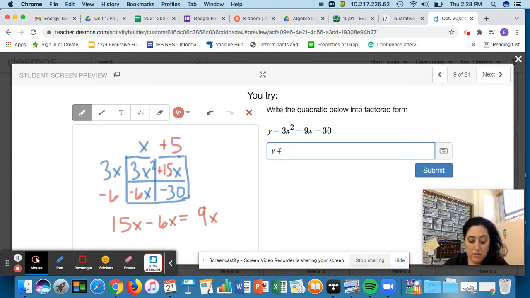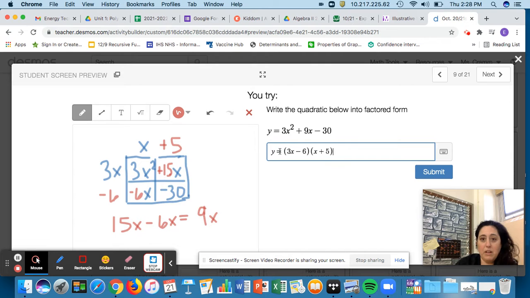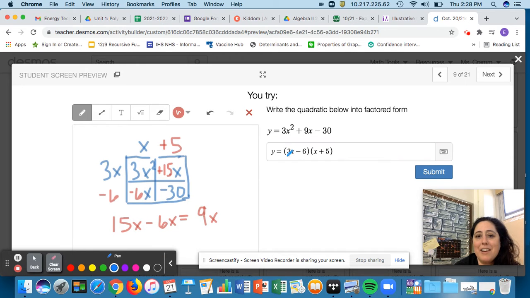Y equals, and then on one side I've got 3x minus 6, and then I've got x plus 5. Okay. Now, some of you, and actually when I was with section 5, someone in that class said, wait a minute, there is a common factor in this parentheses, and that common factor is 3. 3 goes into 3, and 3 also goes into 6.